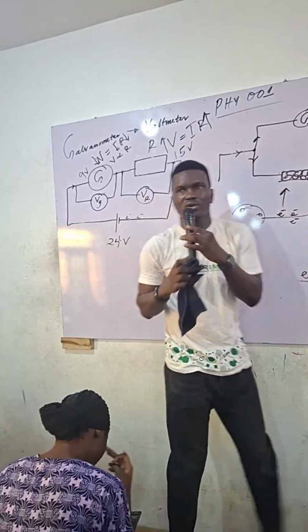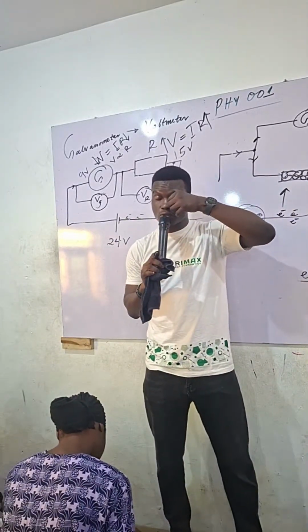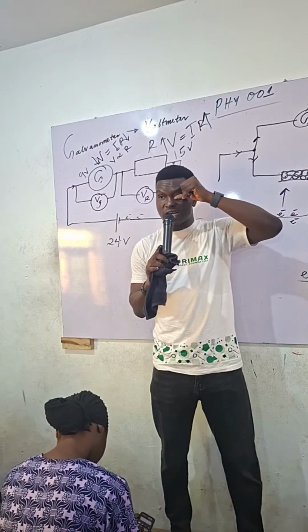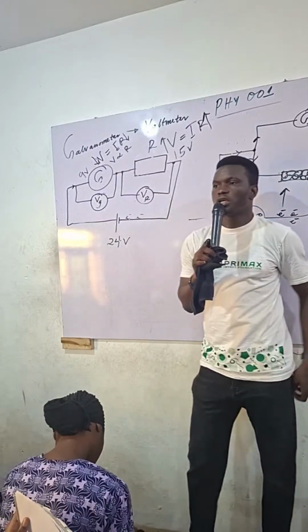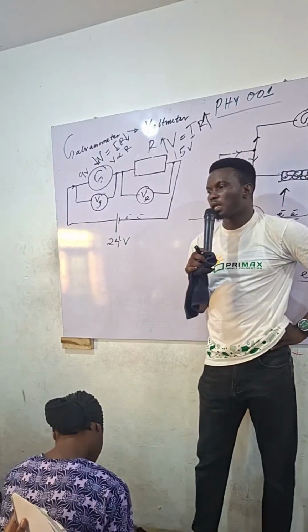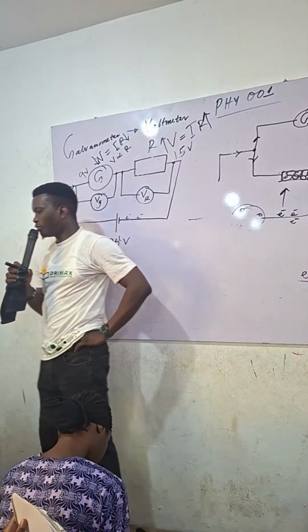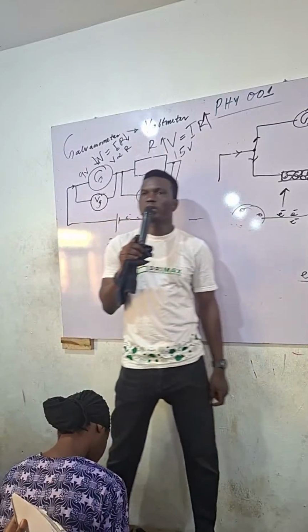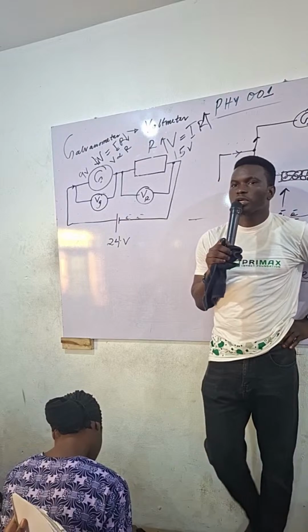So let's write on that. Convert a galvanometer into a voltmeter in order to measure a high potential.